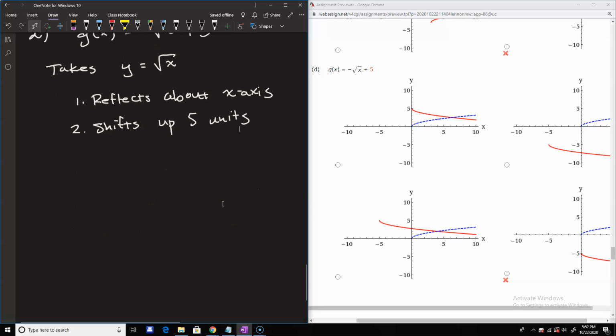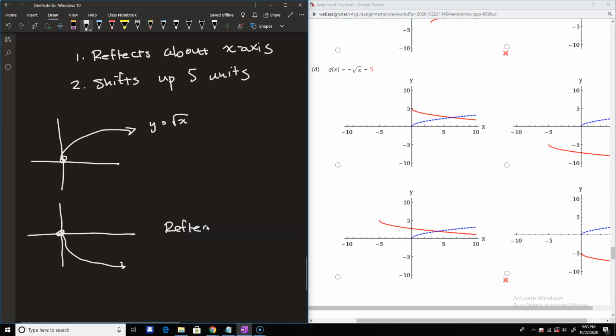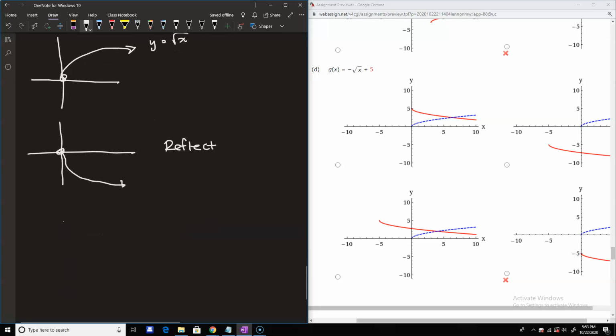So I would do that in 2 steps. I would say, okay, my normal square root graph looks like this. So this is y equals the square root of x, and then I would reflect it. So when you reflect it, you get this picture. And then you would want to go up 5 units.